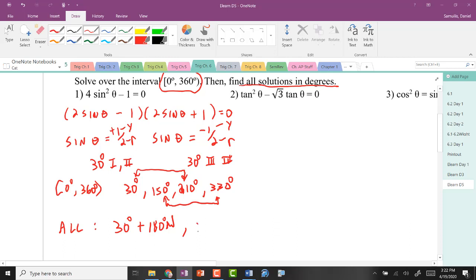And then 150 we'll choose, and that is 180n away, to generate all the answers that land on 150 or 330 because they are 180 degrees away from each other.